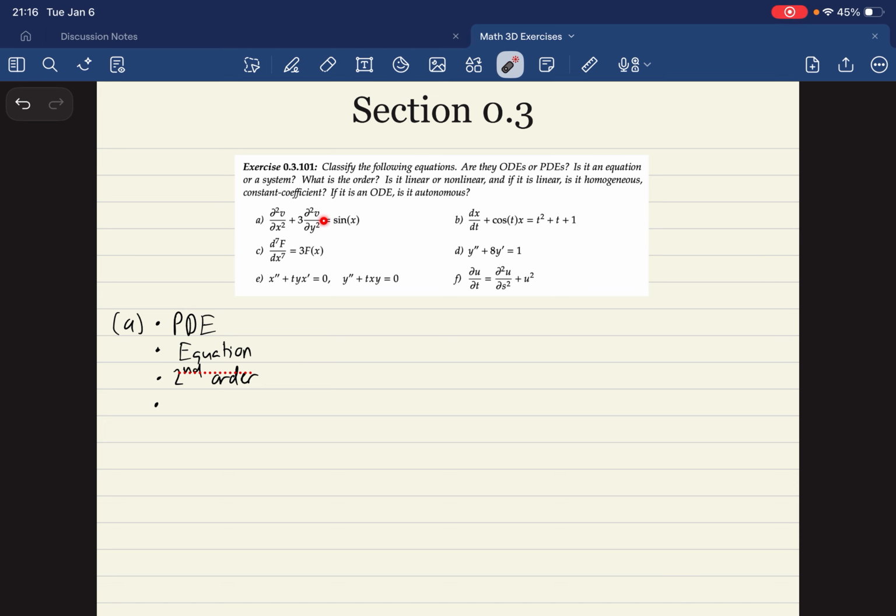But in our case, we're actually only multiplying them by constant functions. So here we can think of there being an invisible 1, and for the next partial derivative, we're only multiplying by 3. And then on the right side, we just have all of the things that don't depend on our function v, nor any of its partial derivatives. And so this would be a linear equation.